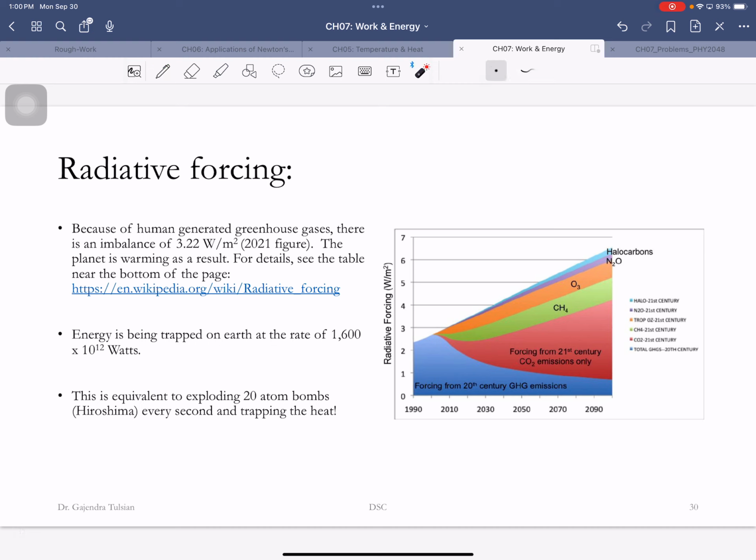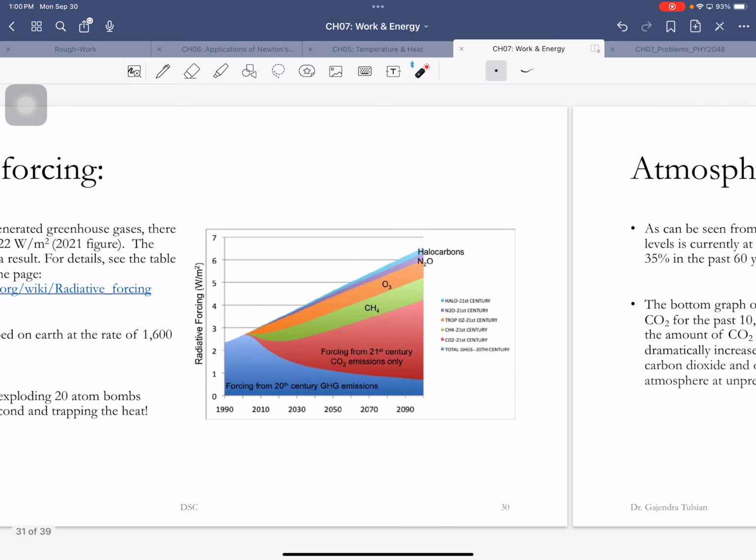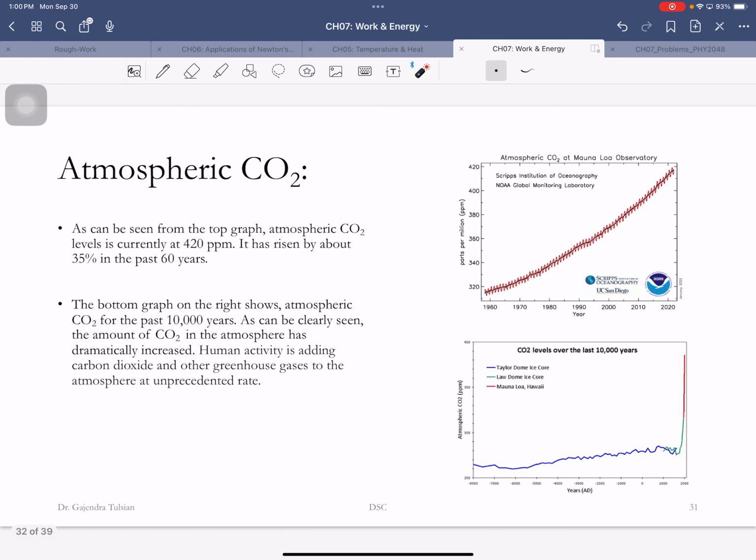Now, the thing is, once you put CO2 in the atmosphere, this graph tells you how much the warming lasts. So roughly, the carbon dioxide lasts in the atmosphere about 100, 120 years. So the problem doesn't go away easily. So this graph shows you, see, this is 10,000 years ago.